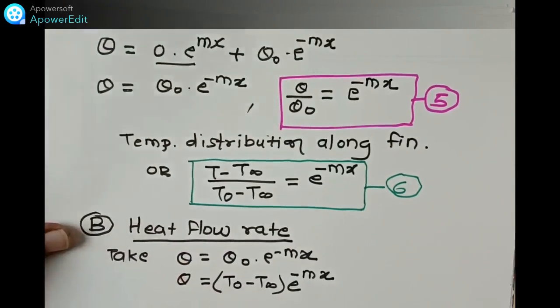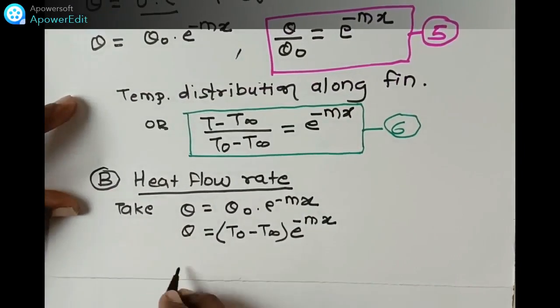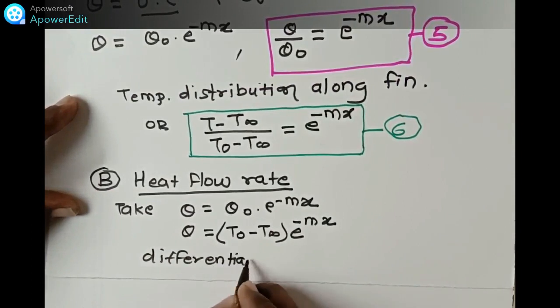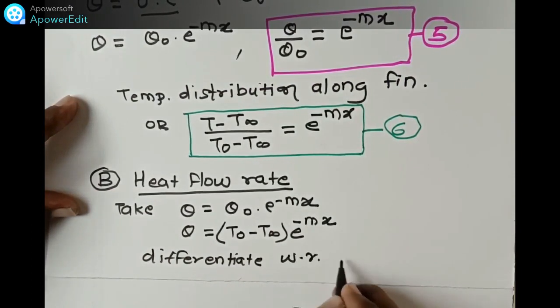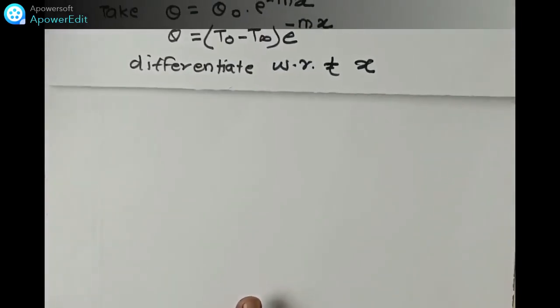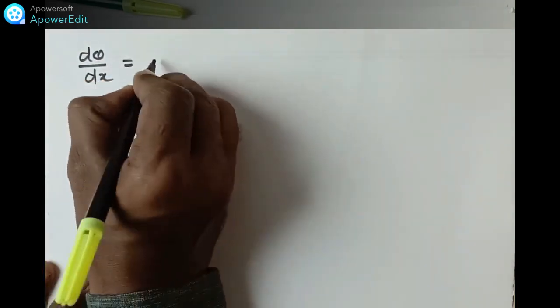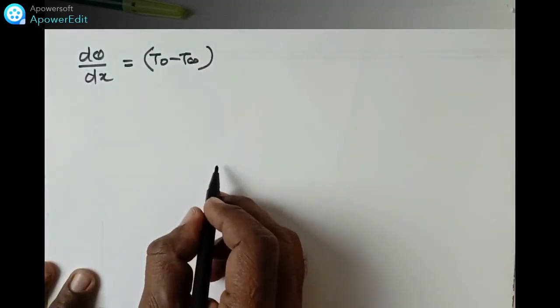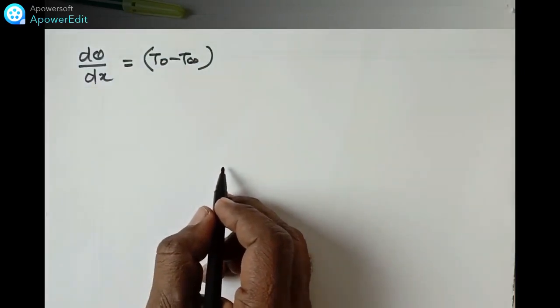So differentiating this equation with respect to x, we will have d theta by dx is equal to T0 minus T infinity, which will come as it is out of the bracket here.